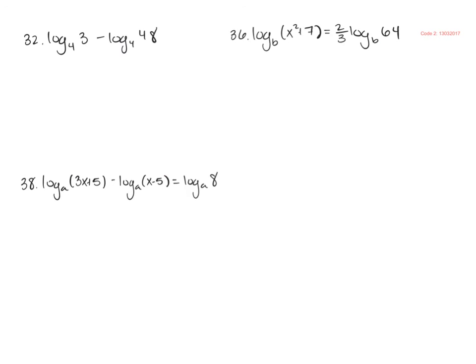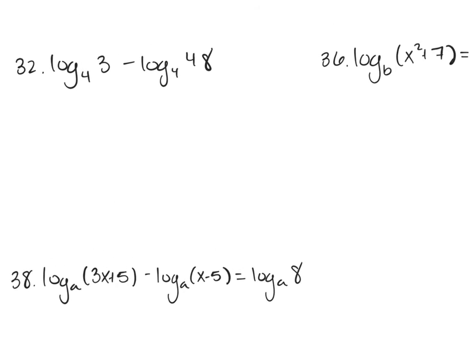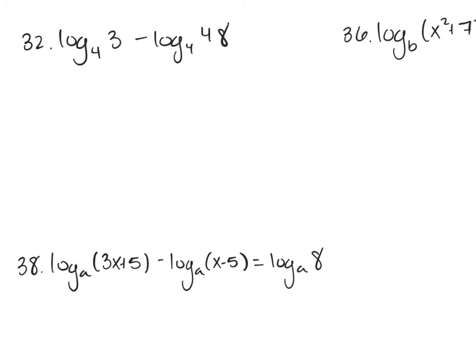Okay, let's keep going with the simplification. So we're going to look at 32, which says log base 4 of 3 minus log base 4 of 48. We want to try and simplify as far as we can without using a calculator. I noticed that 48 can be broken down into multiple numbers, right? 48 for one can be 3 times 16, and 16 is 4 times 4. So that'll allow me to simplify.